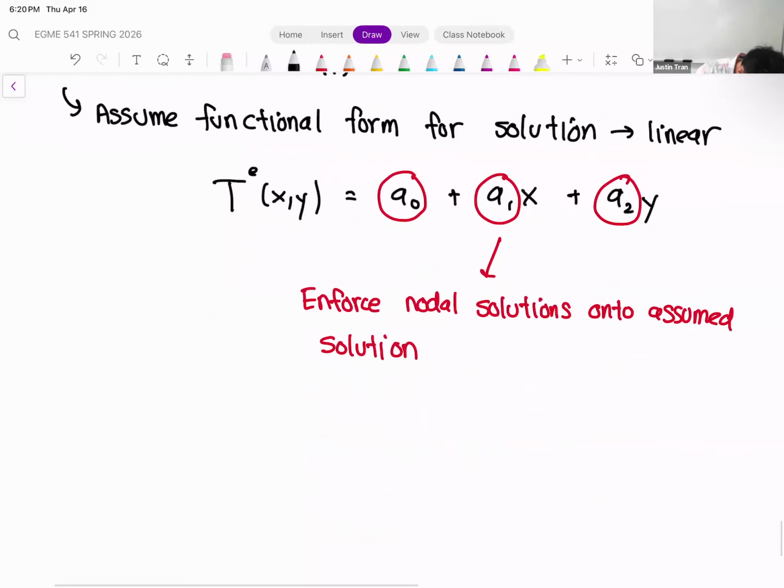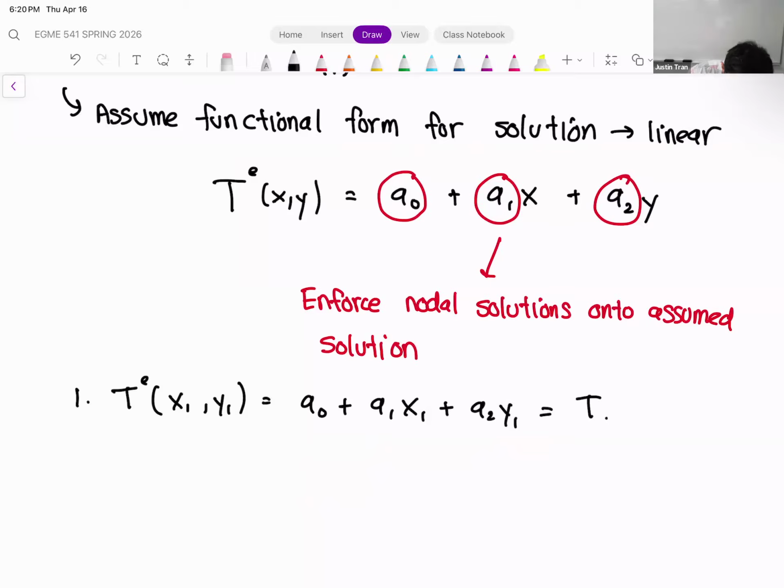So for equation one, we have our assumed function evaluated at x1 and y1. This is a0 plus a1 x1 plus a2 y1, and that, of course, is going to be equal to T1, which is the value of the solution at node 1. Next, we have the value of our solution field evaluated at x2, y2.